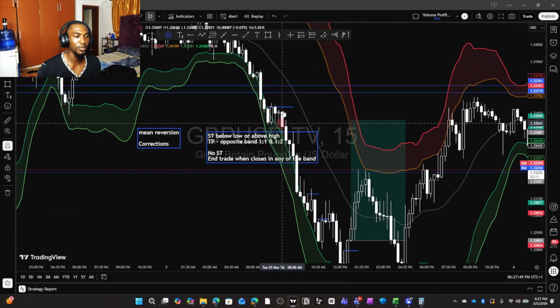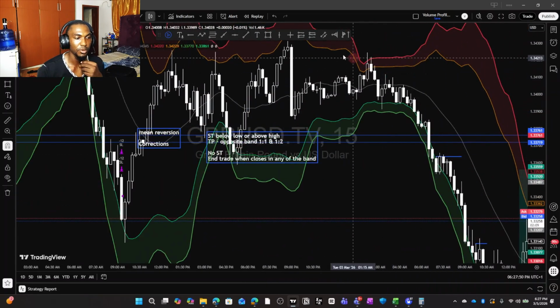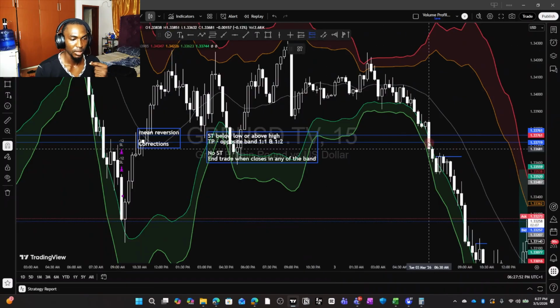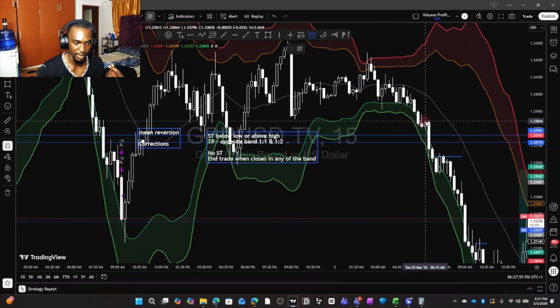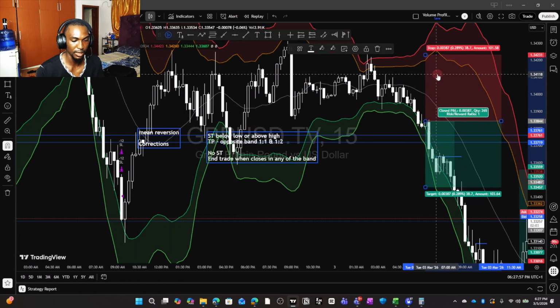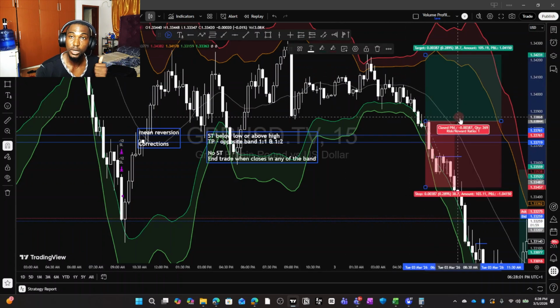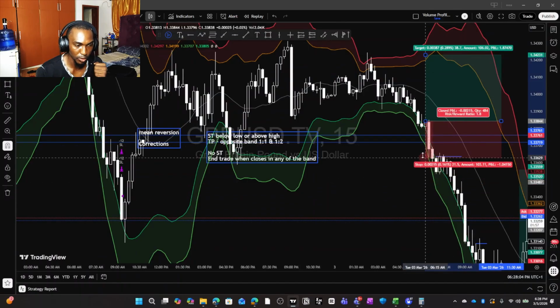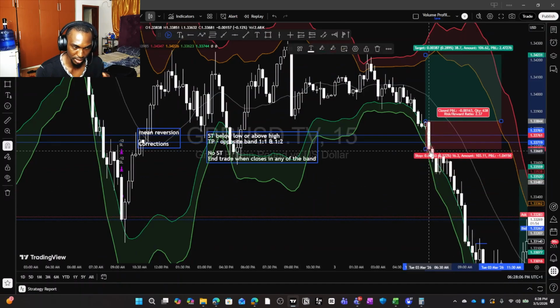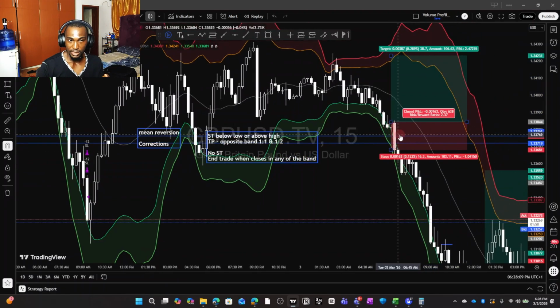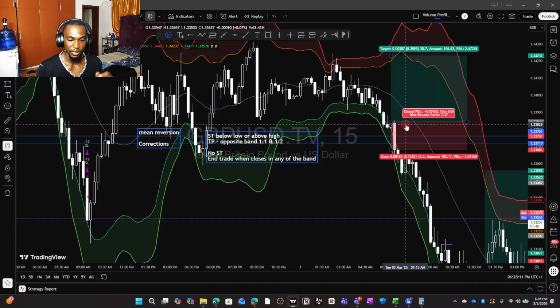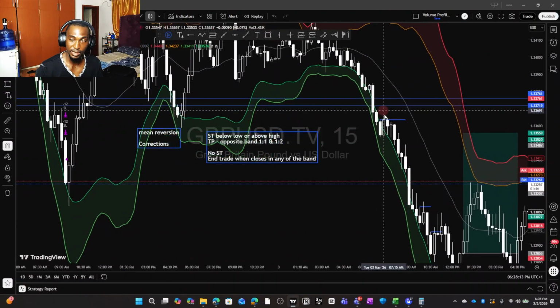So in a situation where, for example, let's say you took an entry here accidentally, a buy entry here. You only close this trade if price closes inside this band again, which is right here, right? That is if you accidentally took a trade here. There's no way you're supposed to even take a trade in the first place. But that is how it works.